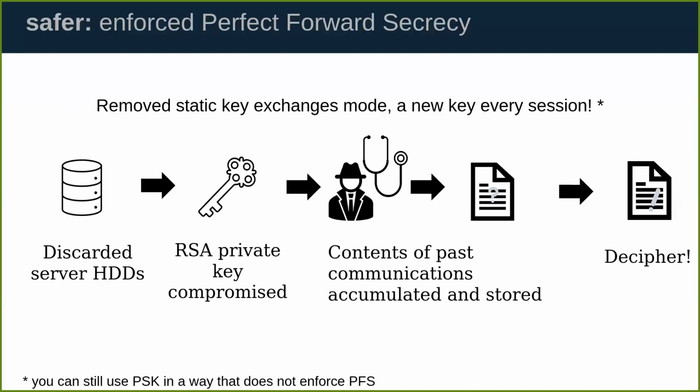And one caveat in DTLS 1.3 or in TLS 1.3 is that you can still use a static key exchange in the pre-shared key, the PSK. It's not recommended, but it's an option where you can use the pre-shared key directly to generate cipher material for the connection.